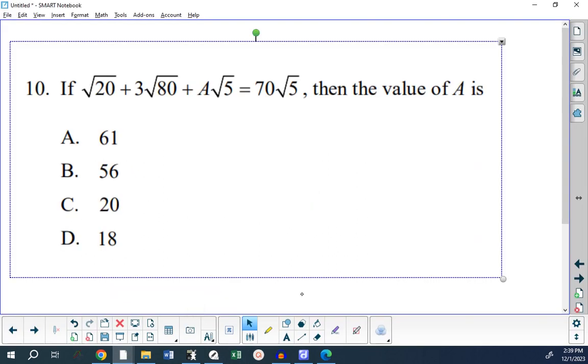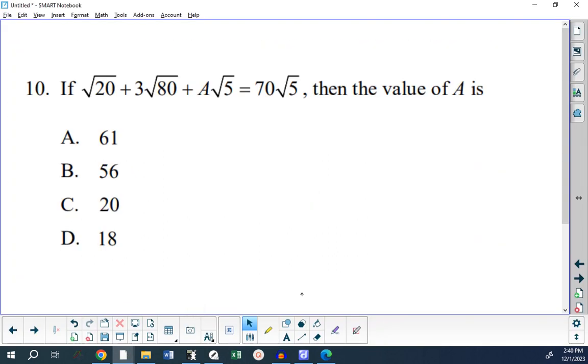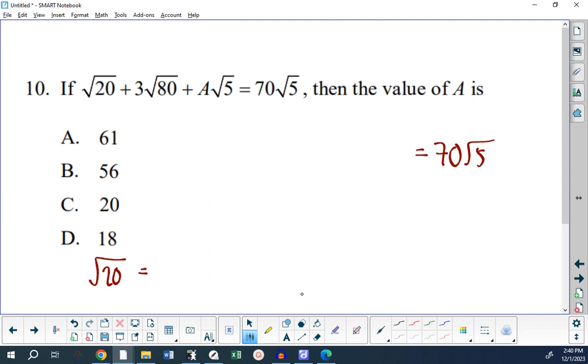So if we look at this, if I'm telling you that these three radicals on the left add to give 70 root 5, it makes sense that they all must be root 5s. So that's maybe helpful in deciding what we're going to do with the root 20, although you know root 20 is 2 root 5.